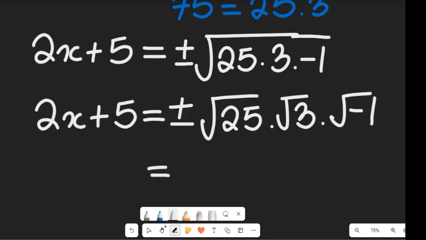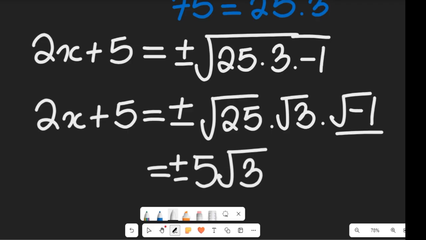Now, square root of 25 is going to give us 5, so we'll have plus or minus 5 multiplied by the square root of 3, and from our complex expression, square root of negative 1 is going to give us a j, and this is going to give us 2x plus 5 equal to that.